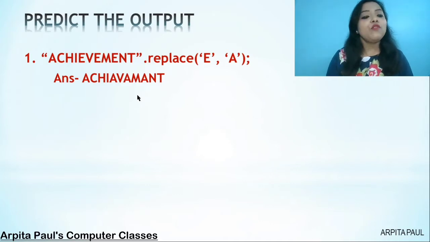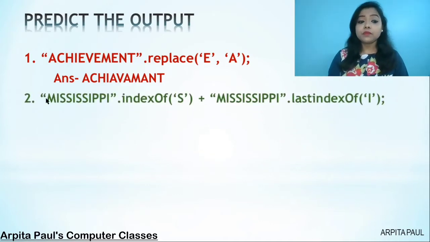Okay. Now moving on to the second question: "Mississippi".indexOf('S') + "Mississippi".lastIndexOf('I'). How will you solve it? First, "Mississippi".indexOf('S'). What is the purpose of the indexOf string method? It returns the index value of the first occurrence of the specified character.